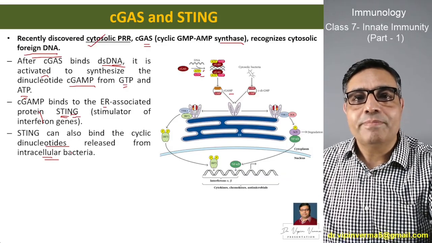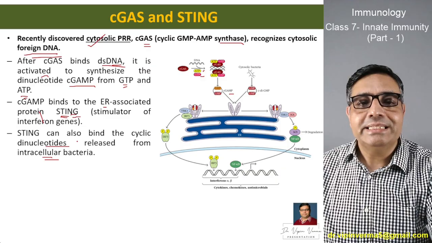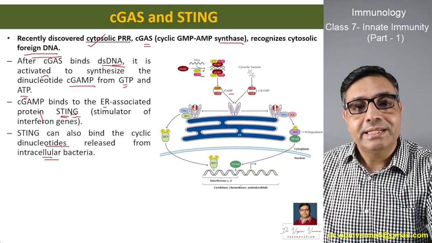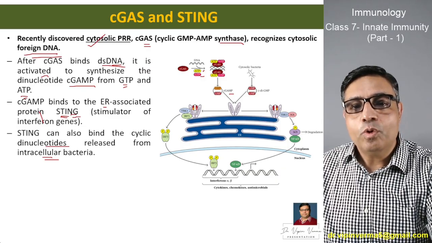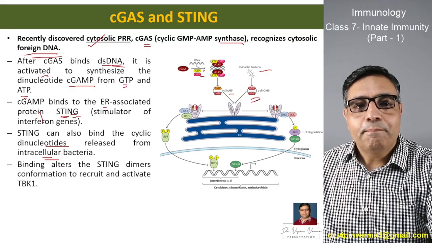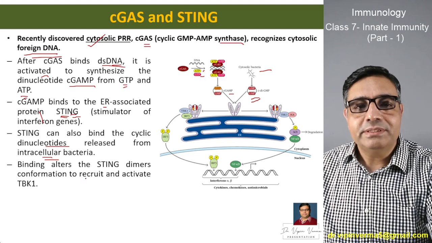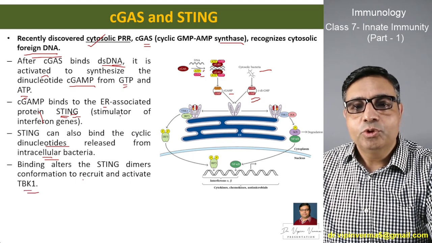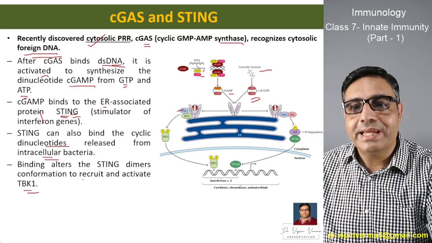So some intracellular bacteria also release cyclic dinucleotides, and this STING can also bind to them. Okay, so here you can see these are the cyclic dinucleotides generated by this cytosolic bacteria. So they are also bound here. Binding alters the STING dimer's conformation to recruit and activate TBK1. So here you can see it can recruit TBK1.